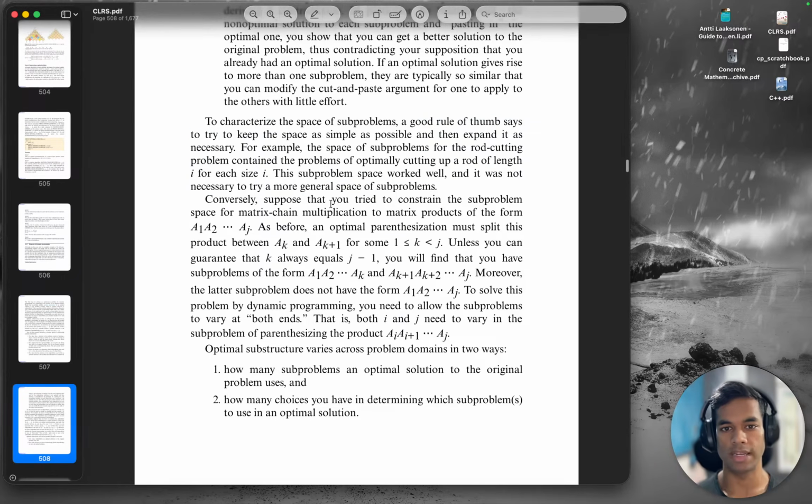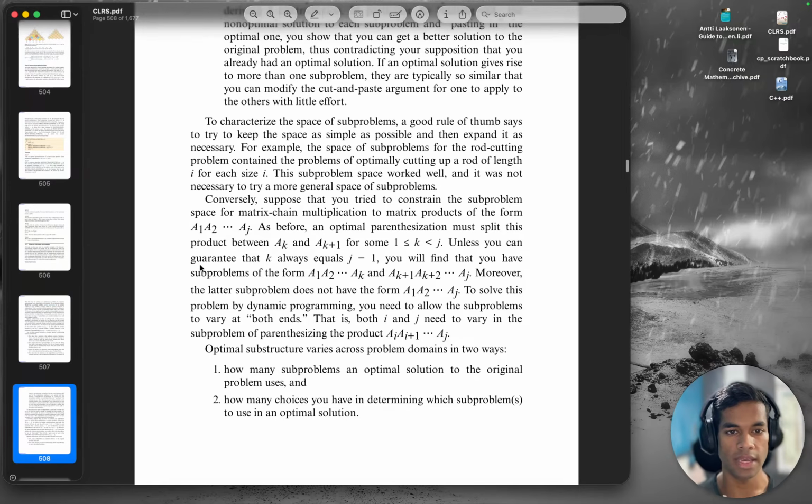Conversely, suppose that you tried to constrain the subproblem space for matrix chain multiplication to matrix products of this form. As before, an optimal parenthesization must split the product between Ak and Ak+1 for some k between 1 and j.